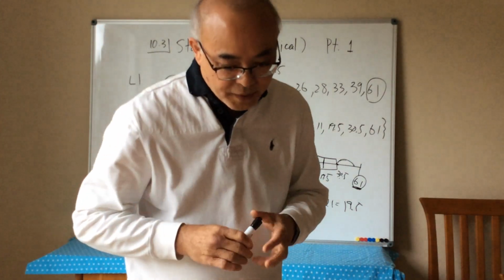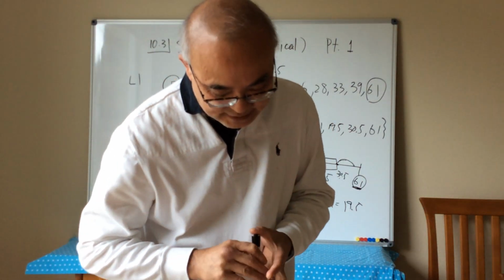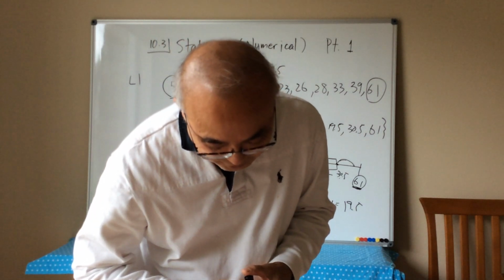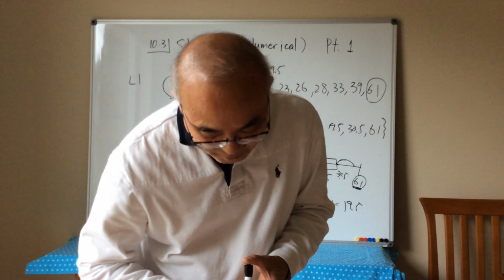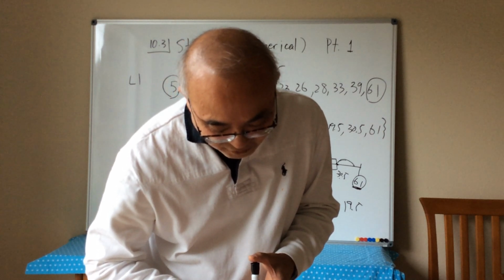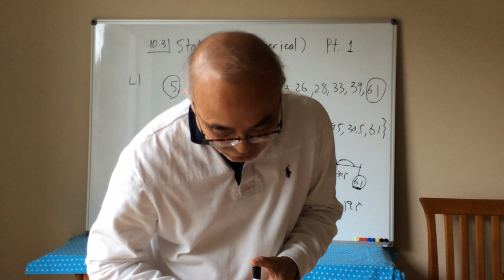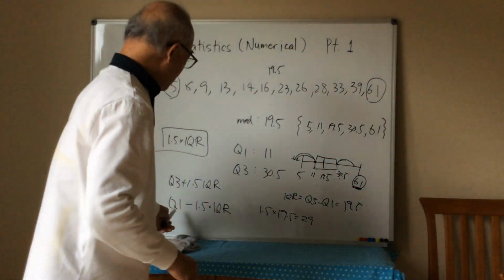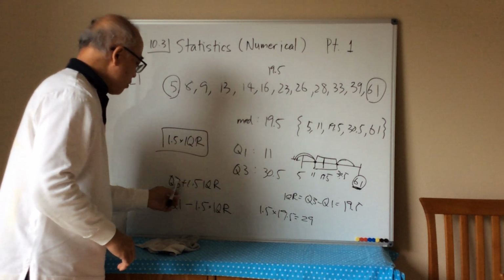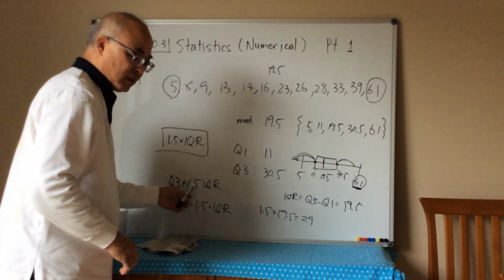So if you go to page 706, at the bottom there's a purple box. A number in a data set may be considered an outlier if it is more than 1.5 IQR below the first quartile, or 1.5 IQR higher than the Q3.